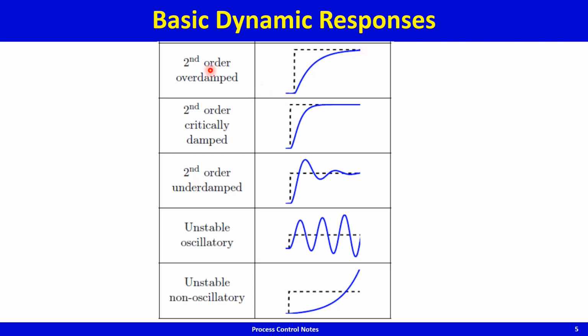The difference between a second order overdamped and a first order response is, if you carefully look at the initial area in a first order response, and let's just zoom, this is a zoomed view. Second order rate of change at time t equal to 0 immediately after the step will be 0, so it rises like this.